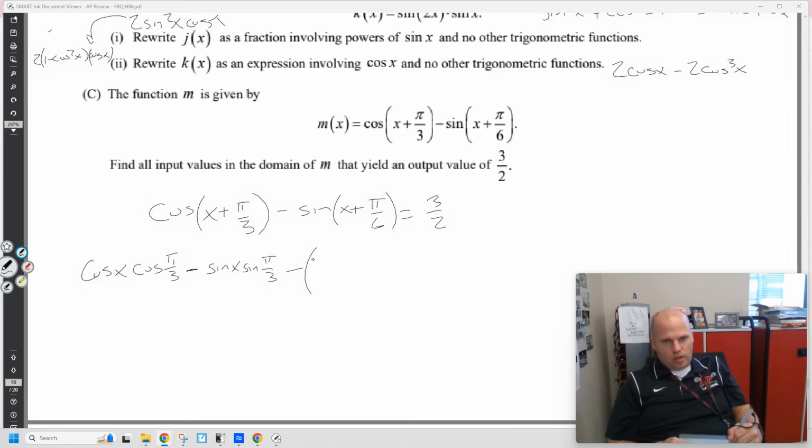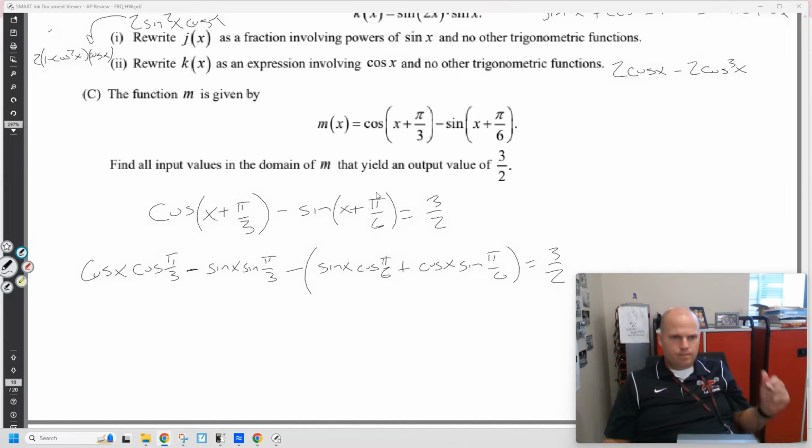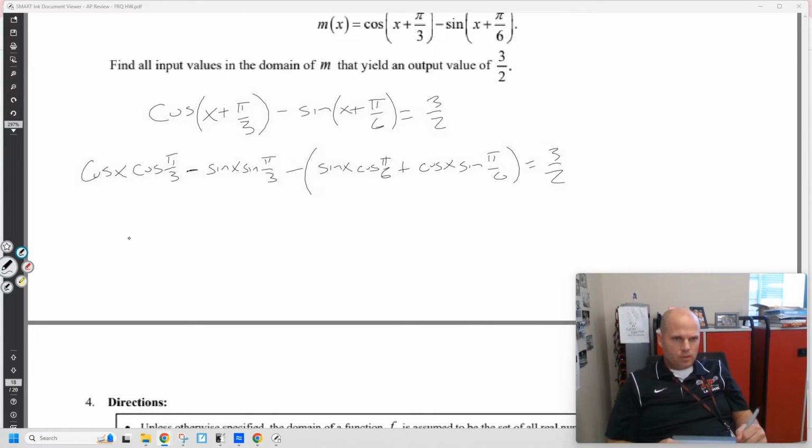Minus this quantity. Sine, cosine, same sign, cosine, sine. I don't even know if this is the right approach here.